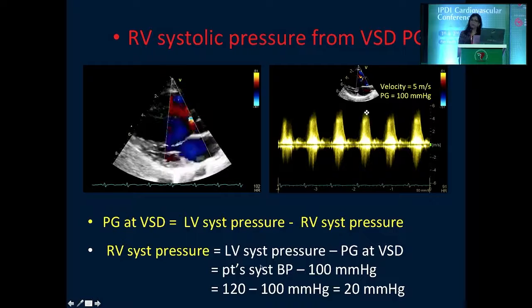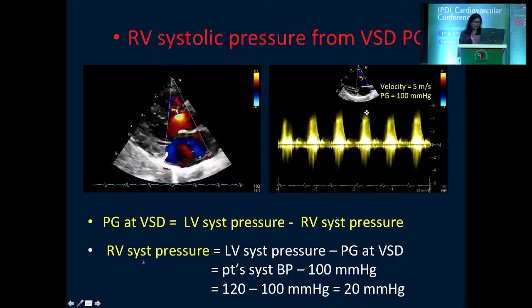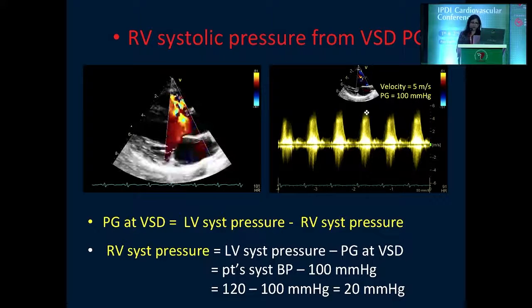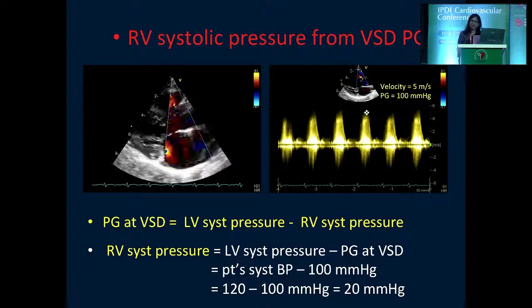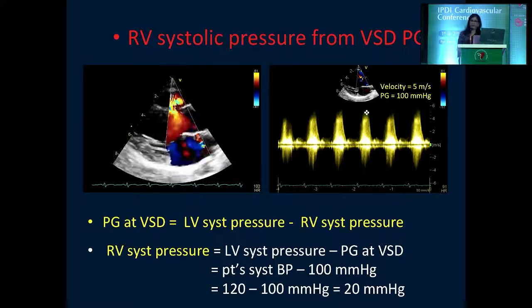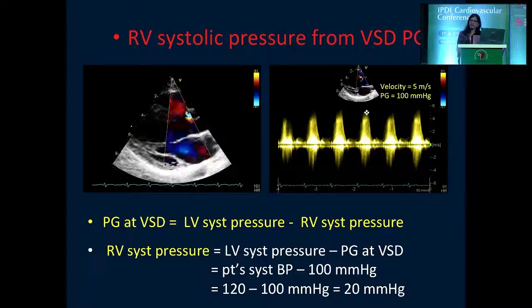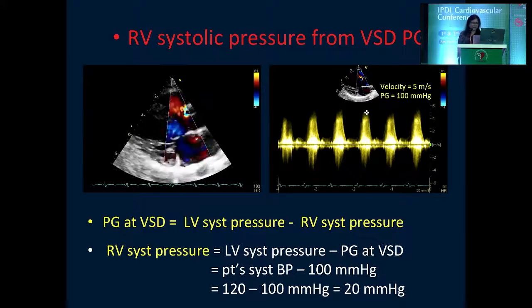LV systolic pressure is nothing but the patient's blood pressure. So blood pressure 120 minus 120 is the RV systolic pressure. So this is very, very important, because if the VSD is having low gradient, RV systolic pressure will automatically be high.